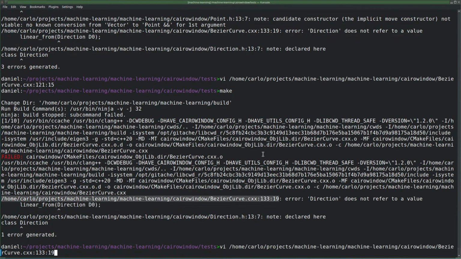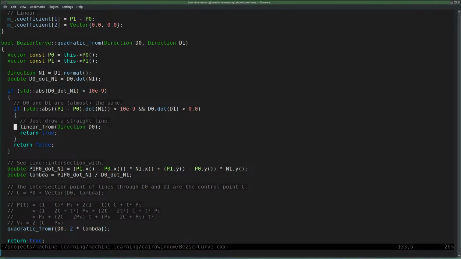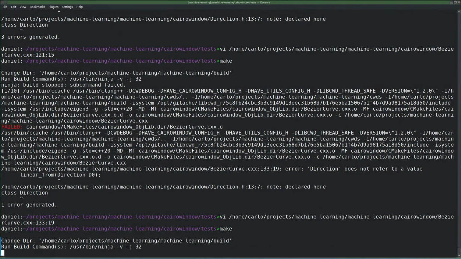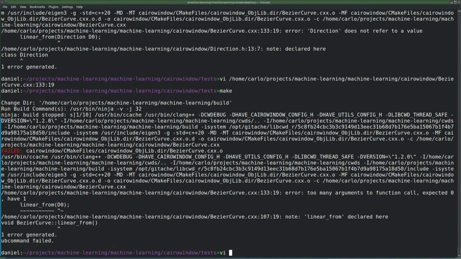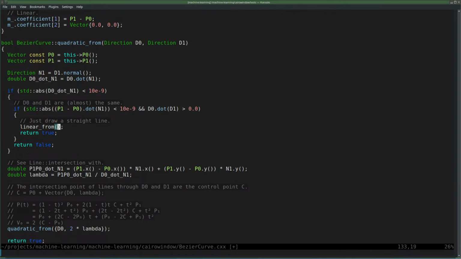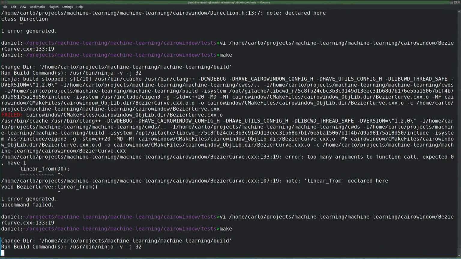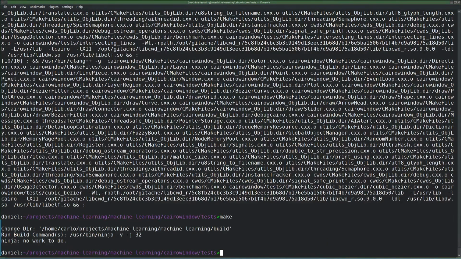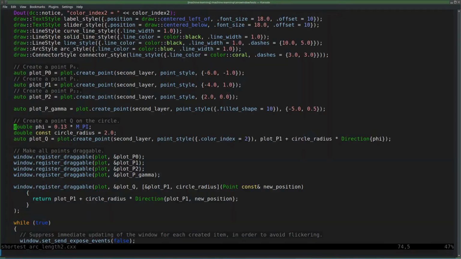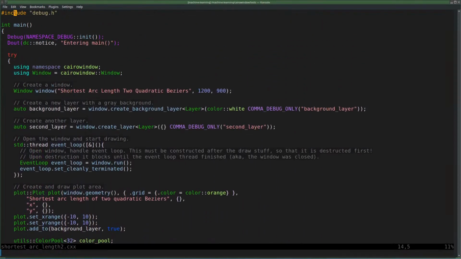Direction does not refer to a value. Yeah, okay. Too many arguments. Yeah, also, I should have deleted everything actually. Phew. No, nothing to test yet. Let's go here and then remove the big gamma, I think.